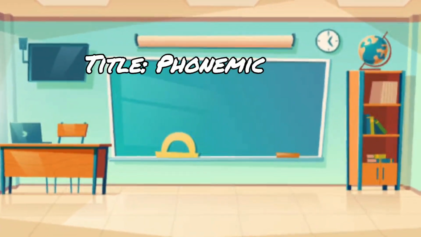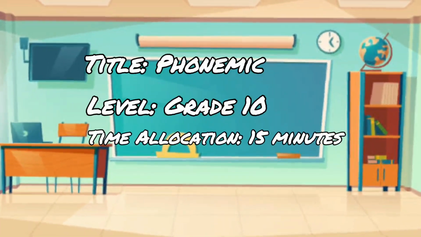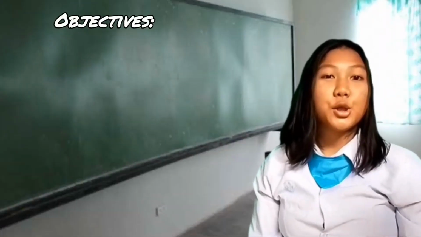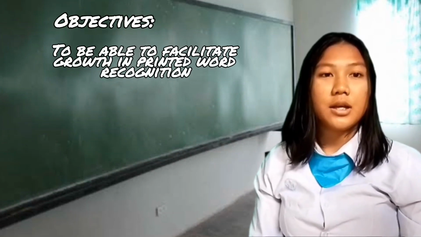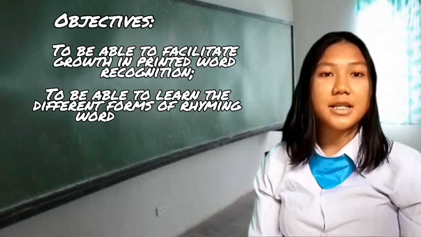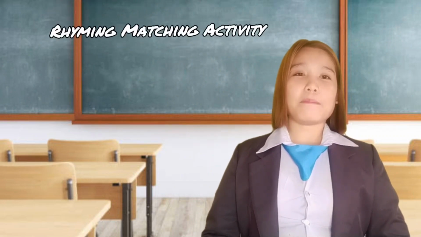Title: Phonemic for the grade 10 students. Time allocation: 15 minutes. Objectives: to be able to facilitate growth in printed word recognition, and to learn the different forms of rhyming words in a poem. We'll have an activity called the rhyme matching game.